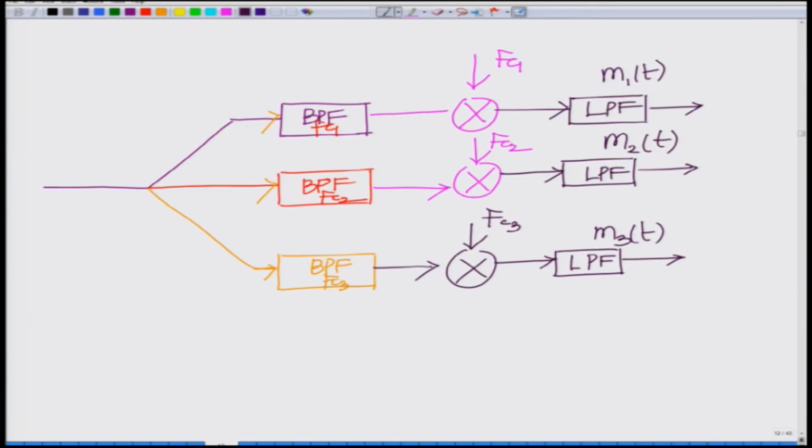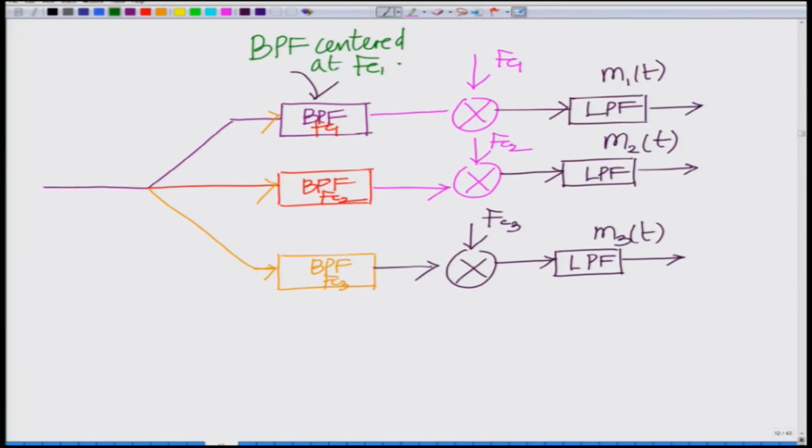Okay. So, you are demodulating with FC1. So, this is a band pass filter centered at FC1. Then demodulate by carrier frequency FC1. Next we have a band pass filter centered at FC2, demodulate with carrier frequency FC2, a band pass filter centered at FC3, demodulate with carrier frequency FC3.